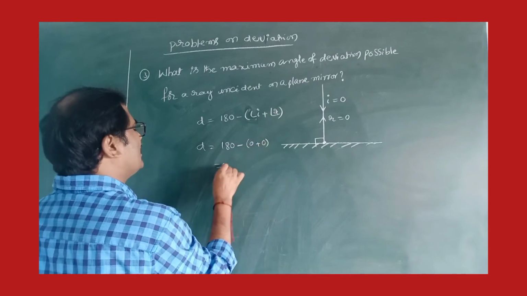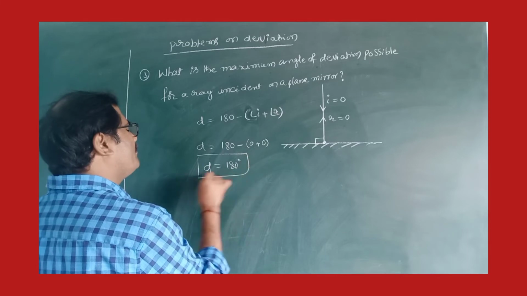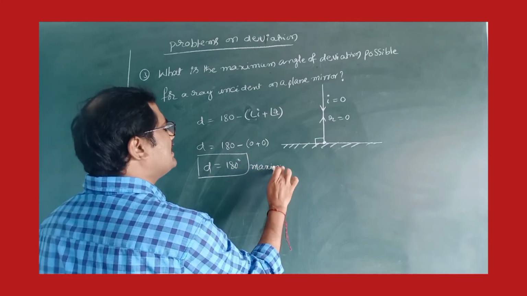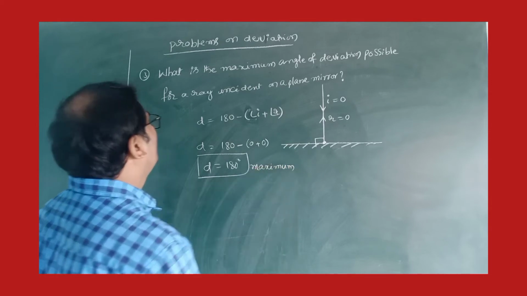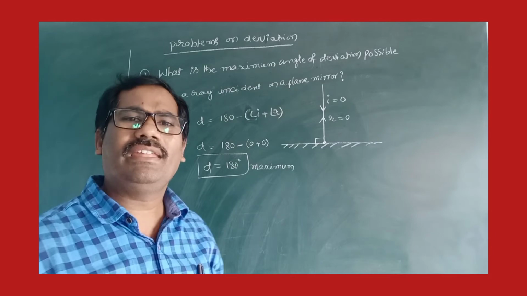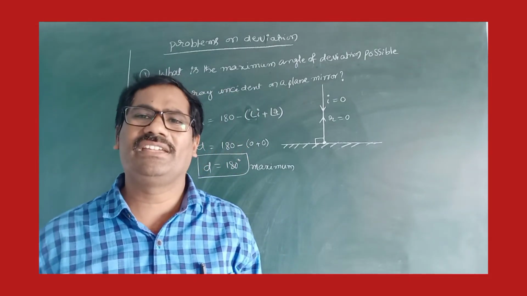That means it is 180 degrees. That is the maximum angle of D. What is the maximum angle of deviation? 180 degrees is the maximum angle of deviation.